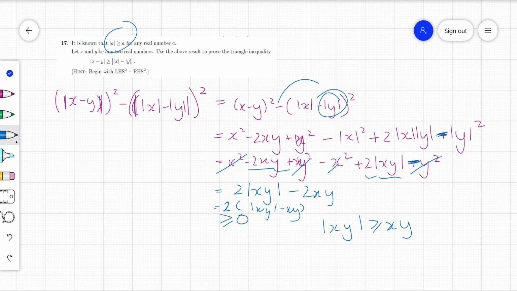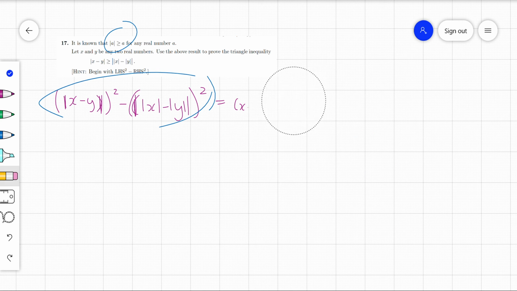So let's go back. Now we know this whole left-hand side squared minus right-hand side squared is greater or equal to 0. We just showed that, and then rearrange them again.